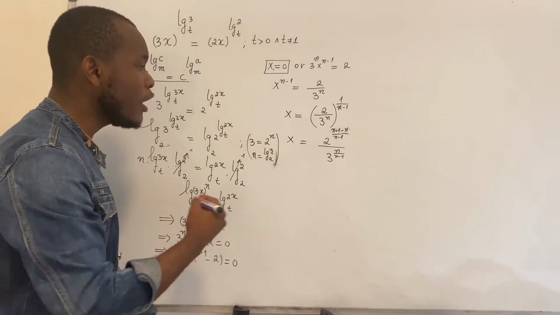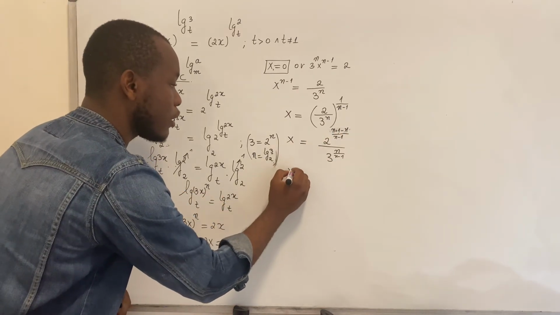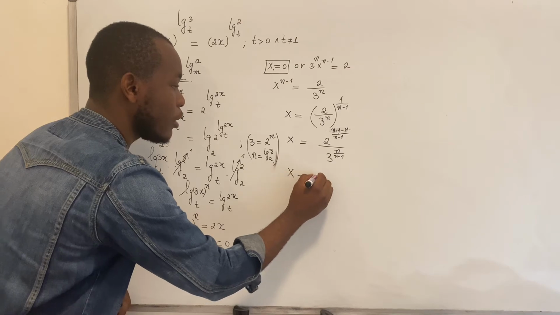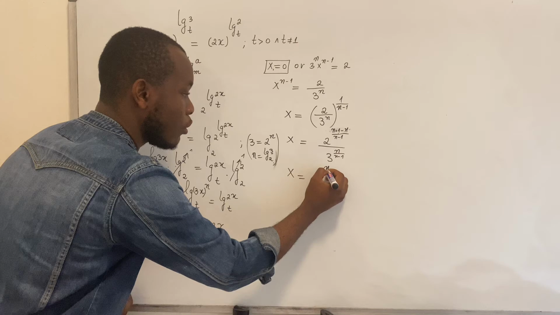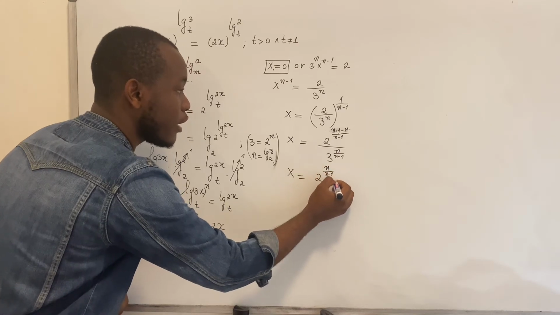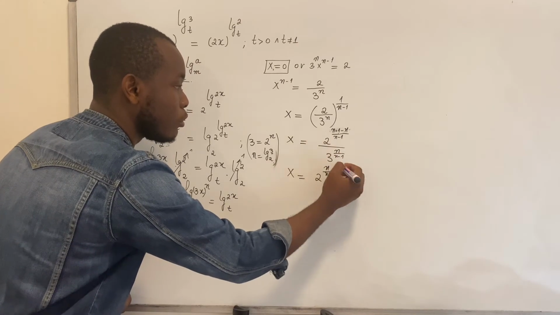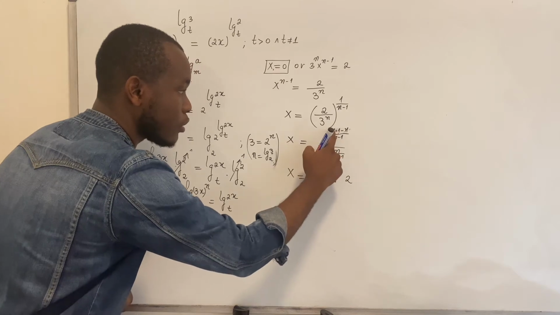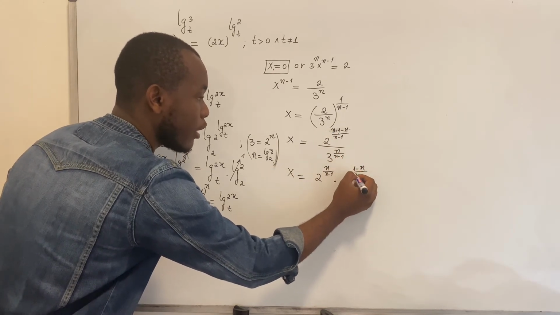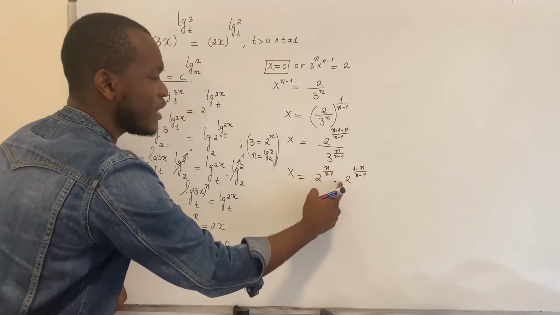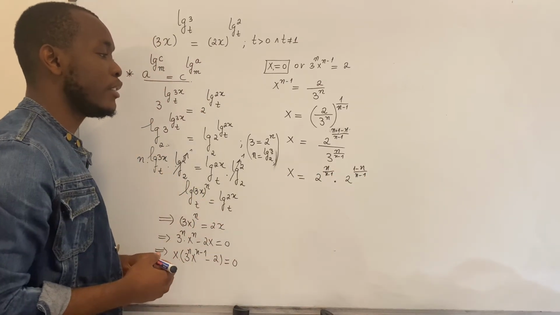Now, if we split this exponent, we can say x is going to be equal to 2 to the power n over n minus 1 times 2 to the power, if we use this n, 1 minus n over n minus 1. The bases are the same, so we add the exponents.